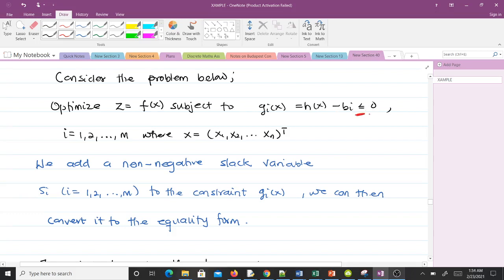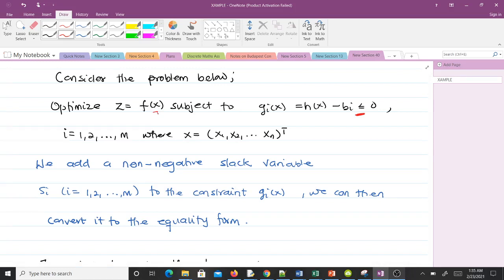So this is the inequality sign here, and we have i running from 1, 2 to m. That means we can have a lot of constraints. And our x here is x1, x2 to xn transpose. So that means a multivariable function.